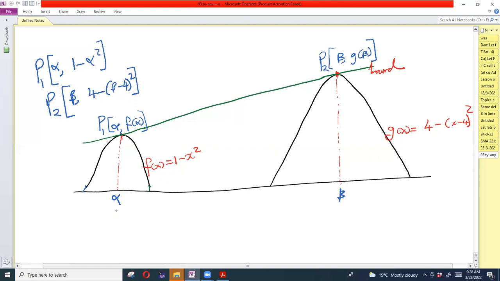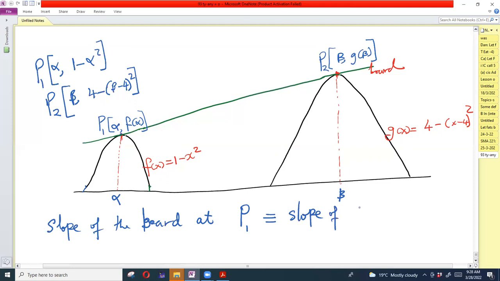Now, the slope of the board at P1 is equal to the slope of the small arc, or small hill.